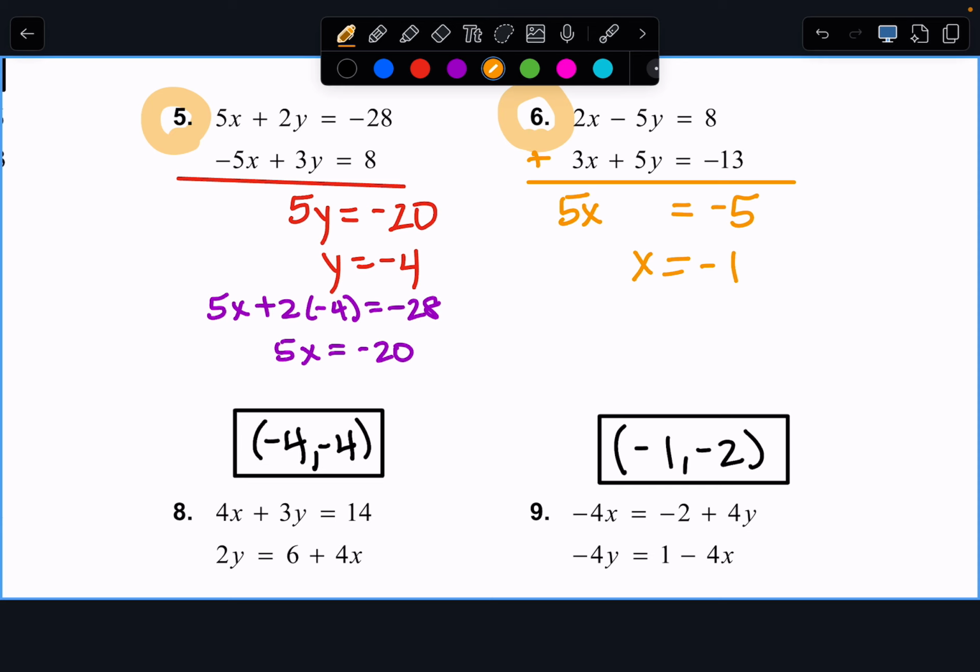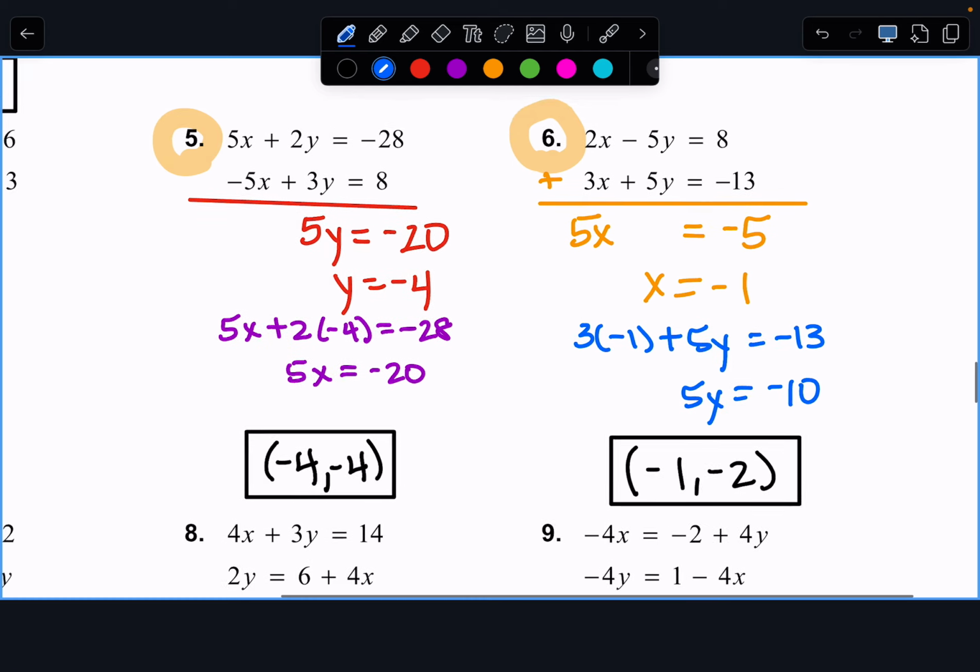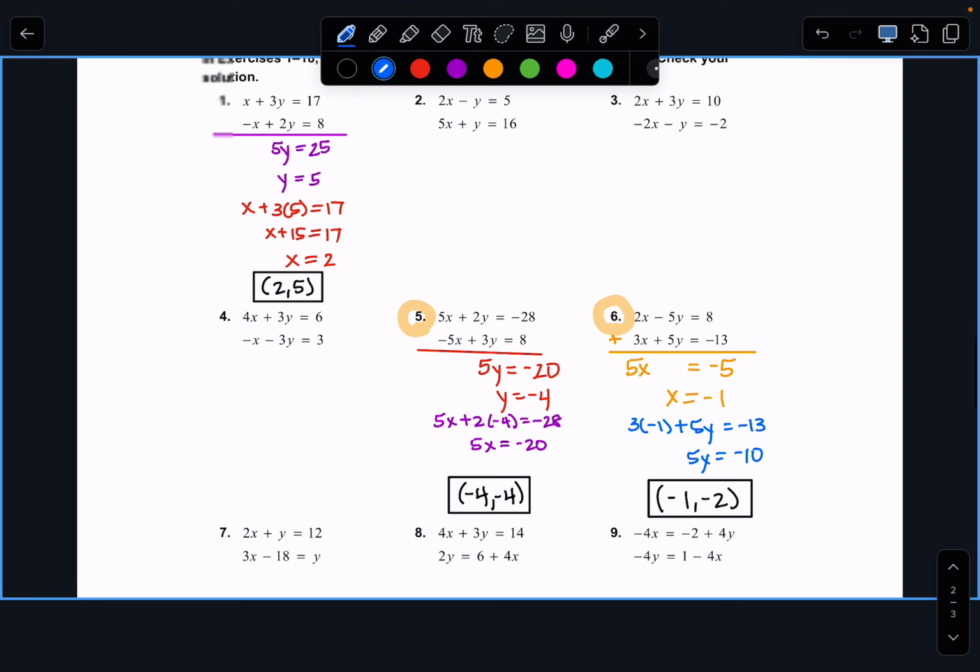I like the second one because y has a positive coefficient. So 3x plus 5y equals -13. So 5y equals -10. Y equals -2. Very nice. Okay? How do you feel? Isn't this nice? I like this. Now, this has been handed to you on a silver platter.